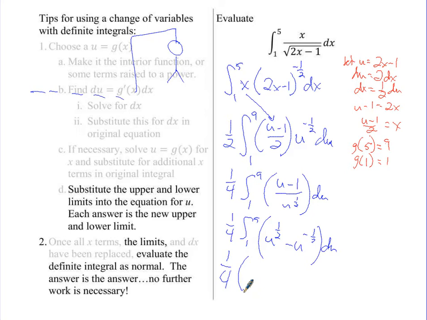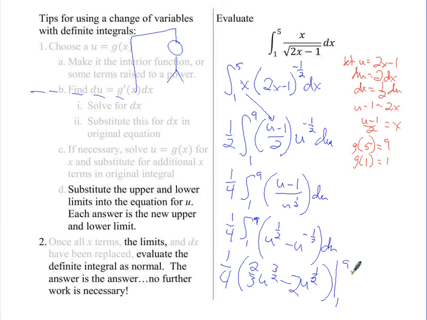First of all, this is a 9. Second, we're integrating 2/3 u to the 3/2. Minus, this becomes u to the 1/2, which means we're divided by 1/2, so it's actually 2 u to the 1/2, from 1 to 9.